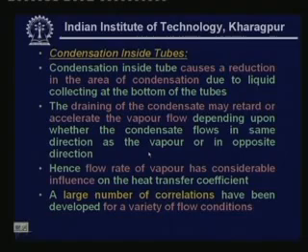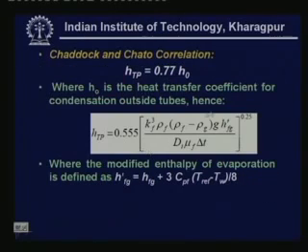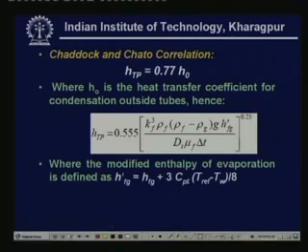A large number of correlations have been developed for a variety of flow conditions, and I will show you here one of the simplest correlations. This is suggested by Chaddock and Chato. This is known as the Chaddock and Chato correlation. Here the correlation is like this: h subscript TP is nothing but the condensation heat transfer coefficient inside the tube.